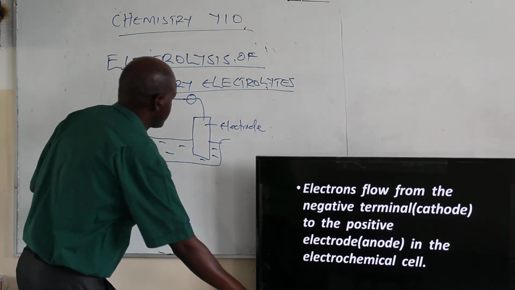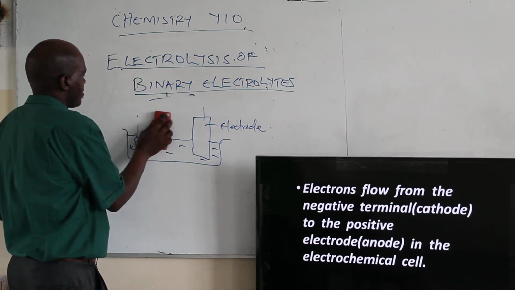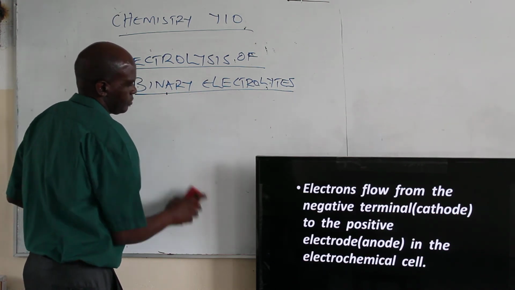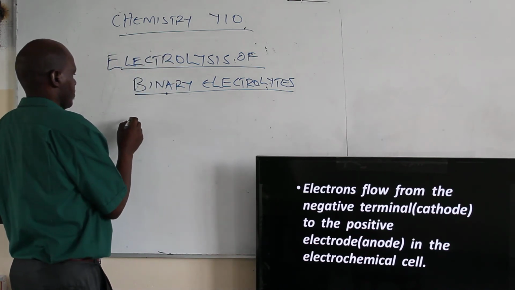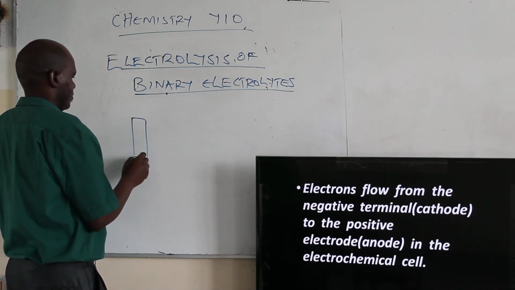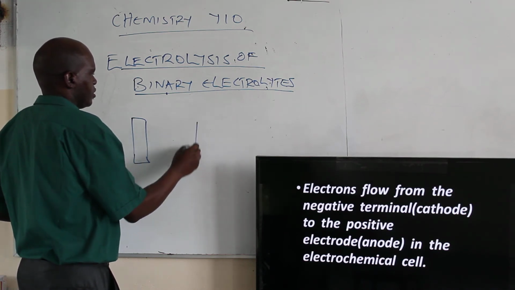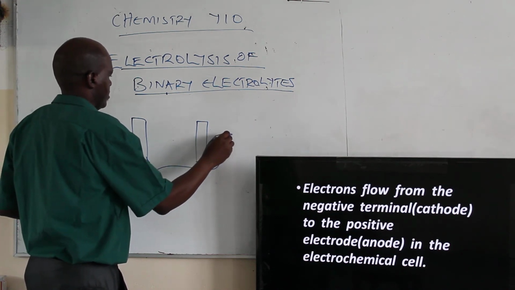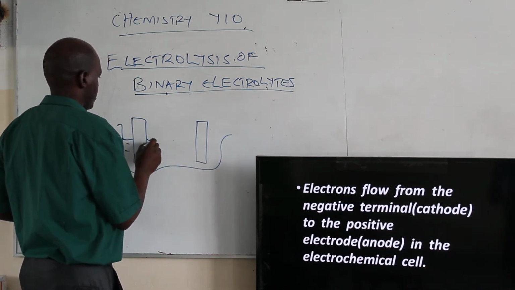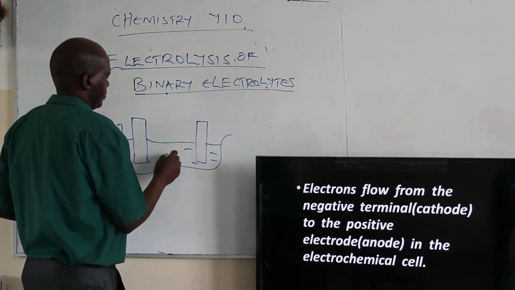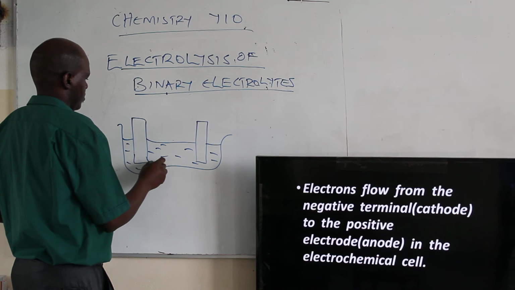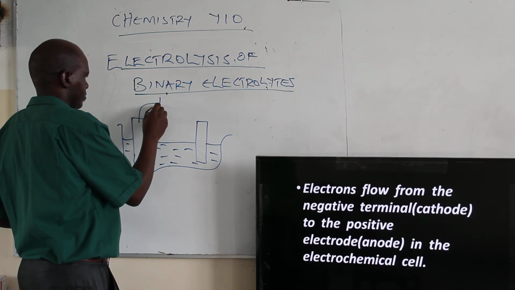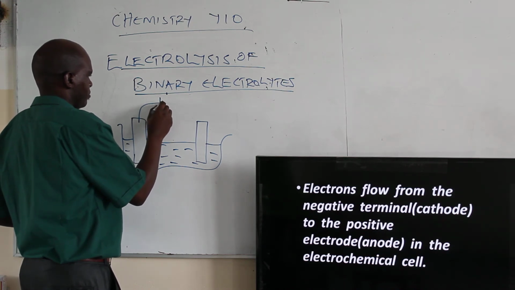If I may use my diagram here to show how the electrons flow. We have the electrodes placed in electrolytes. Then we have a connecting wire which goes to the source of power.